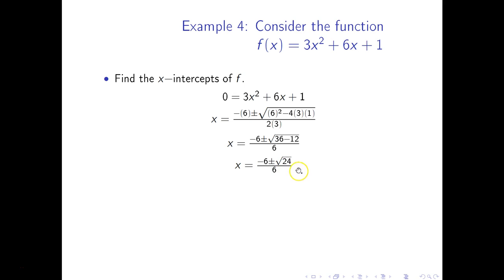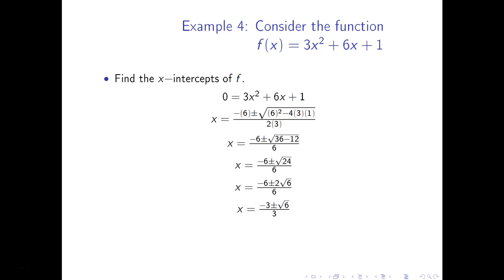My square root here, oh, that's going to be the square root of 2 times the square root of 6 because there's a 4 that goes in there. I can reduce this because I can pull a 2 out of both of them. And I get negative 3 plus or minus square root of 6, over 3. That's nice.